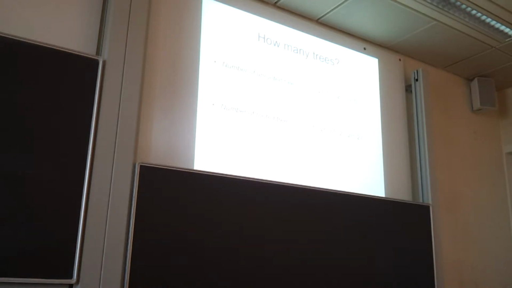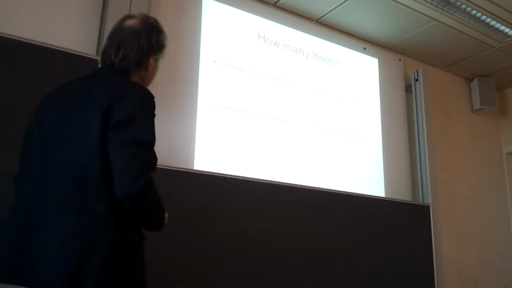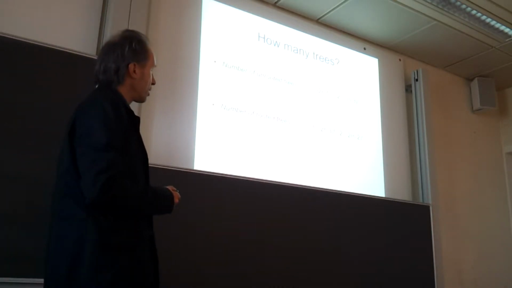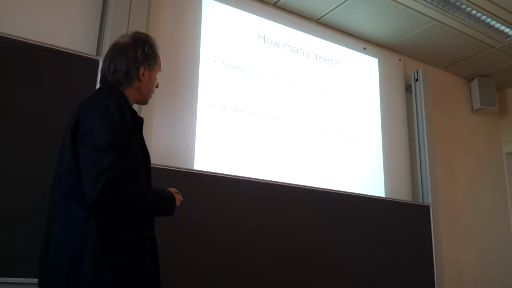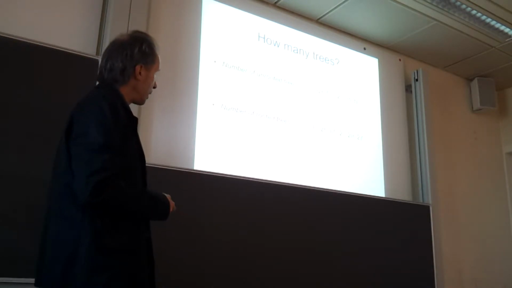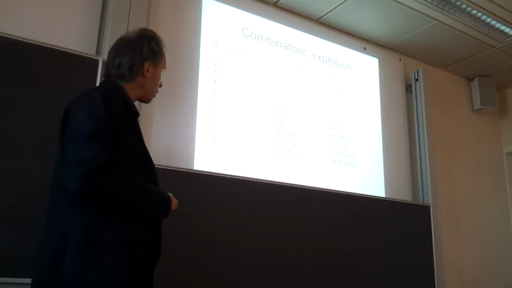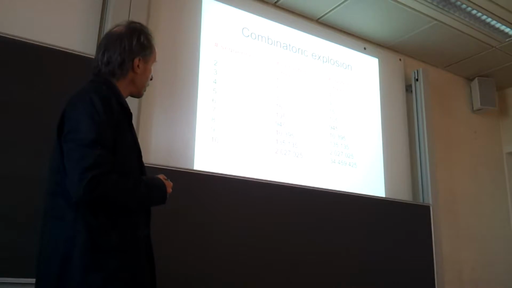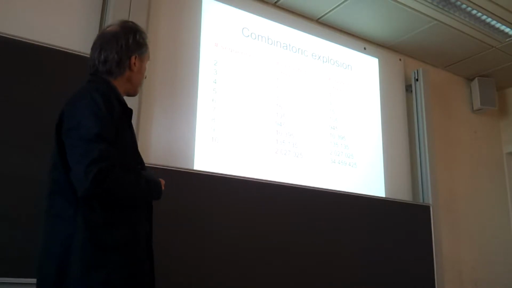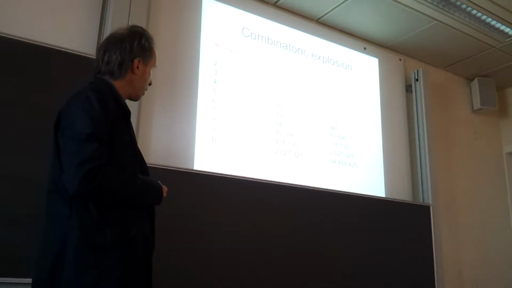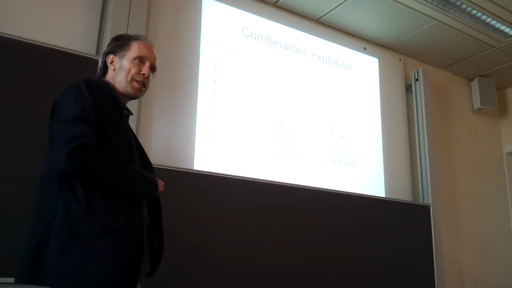Okay, how many trees are there? Well, here you go, a simple formula. Again, this is factorial. You see the relationship, but I'd rather show you some numbers. How many possible trees are there? Unrooted trees with 10 nodes: you're at 2 million possible trees.